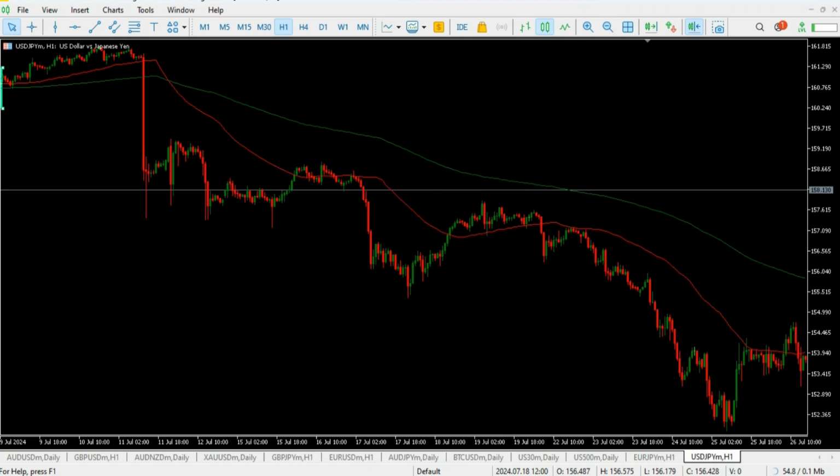And as a trader, this is where you need to come in and utilize the opportunities as price establishes them. This is pullback 1 here. Pullback 1, 2, 3, and then 4.